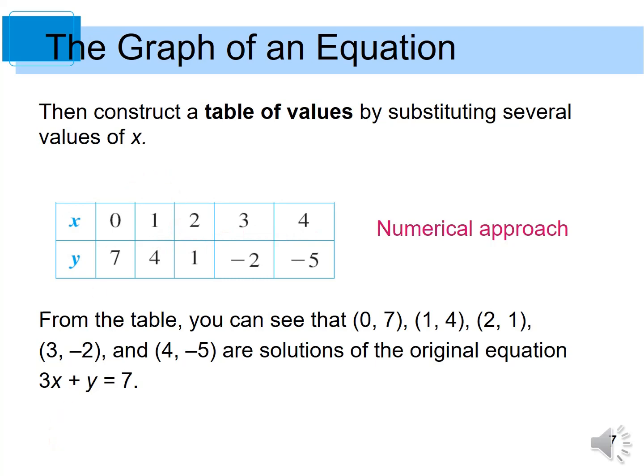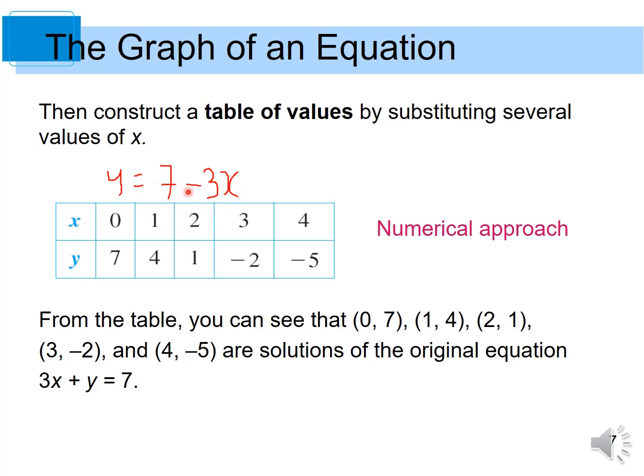Recall our first step. We obtained the y equation, so y equals 7 minus 3x. Now you take the first value and substitute it into the x variable.